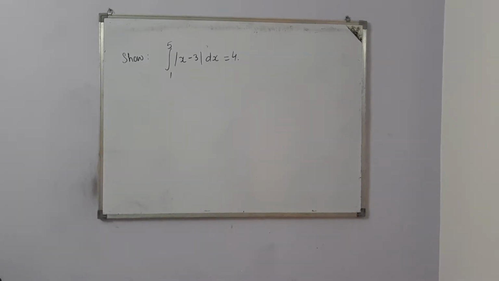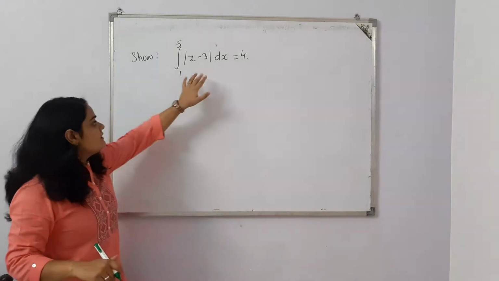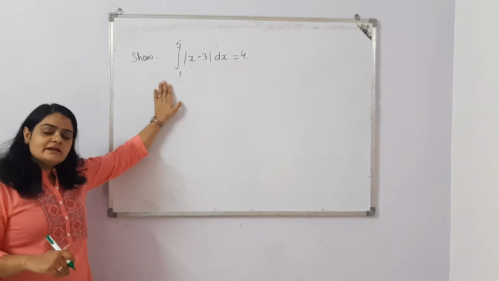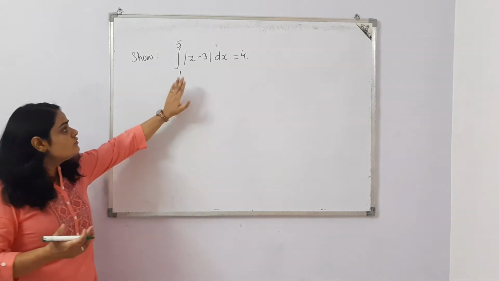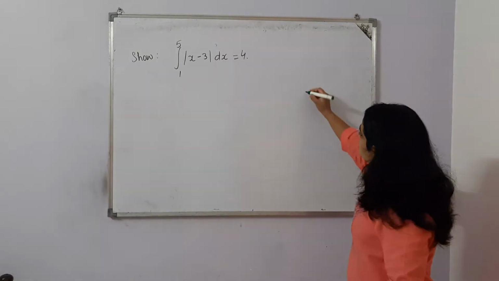Now the next question: the function is modulus of x minus 3 and the limits are 1 to 5. From where are we getting the hint that the limits will get split? Here the function is modulus. What is the definition of modulus?